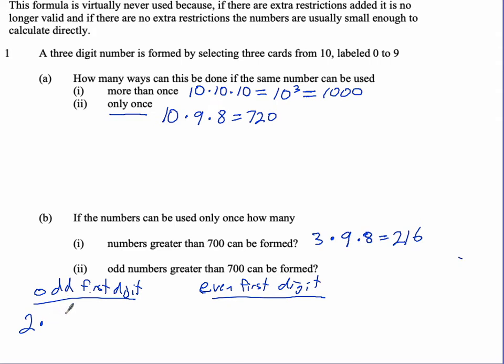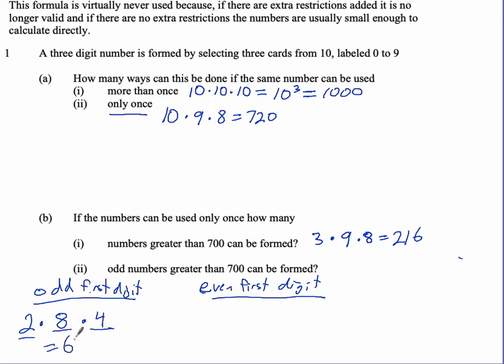Now let's look at the last digit first, actually. For your last digit, you have 4 possibilities because you already used 1 odd digit, right? And for the middle digit, you have actually 8 possibilities because that could be even or odd, and 2 of them have already been used up.